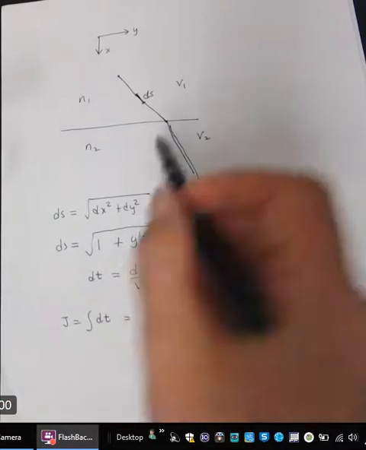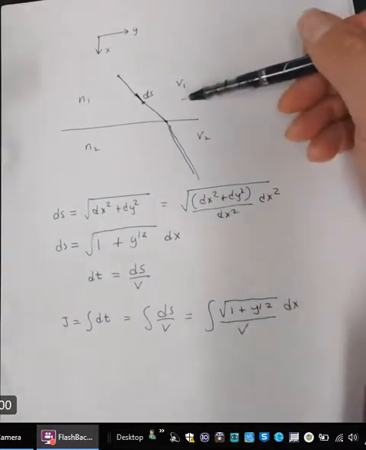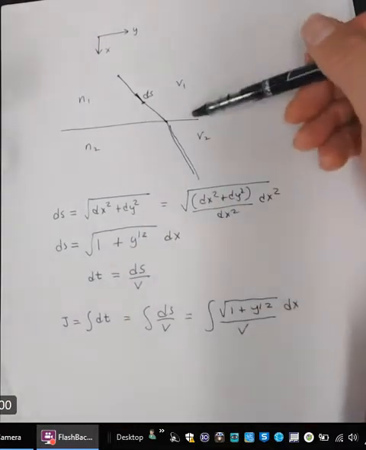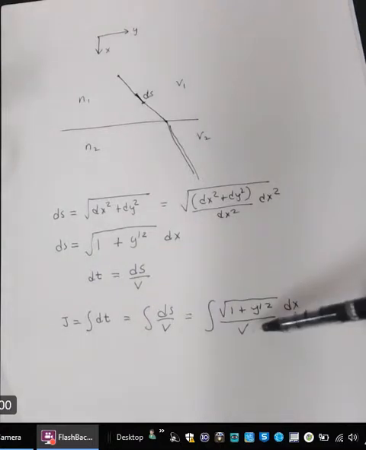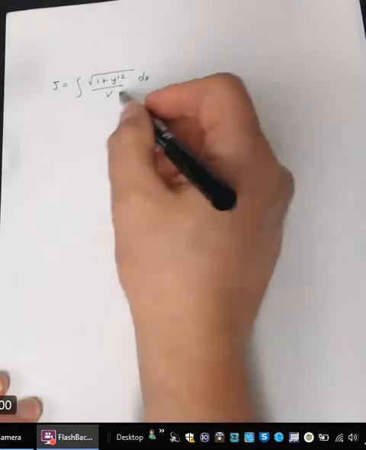We're going to assume when it's over on this side that the velocity is a constant v1, and when it's over here it's a constant velocity v2. So v down here does not depend on position, except for when you cross the boundary here. Okay, so this is what we're wanting to minimize.